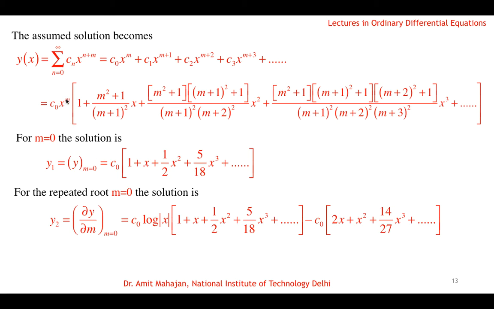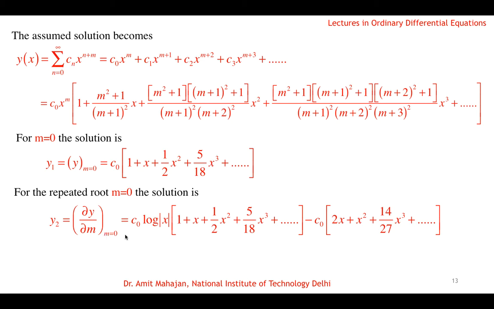And x power m times this series is nothing but y1, so y1 will come with log x, and this term is easy to calculate. The second is x power m times the derivative of this series, which is this part. You need to calculate the derivative of this, and you will get this result.